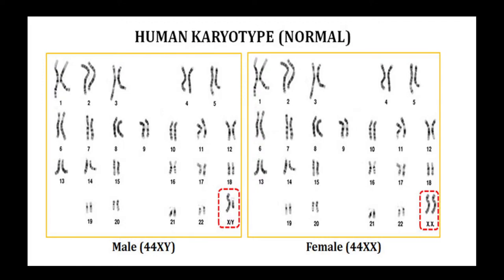In this idiogram, the chromosomes are arranged from largest to smallest, but the last pair of chromosomes is sex chromosomes.